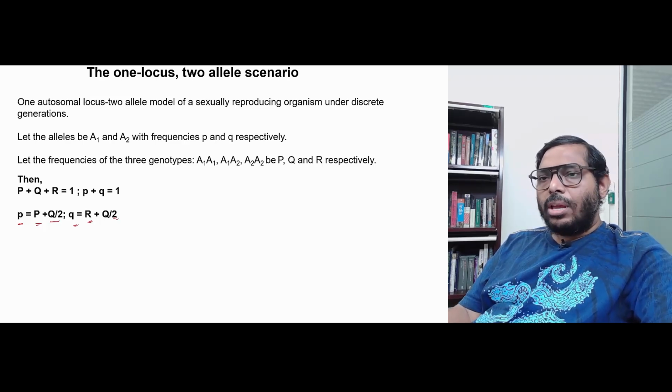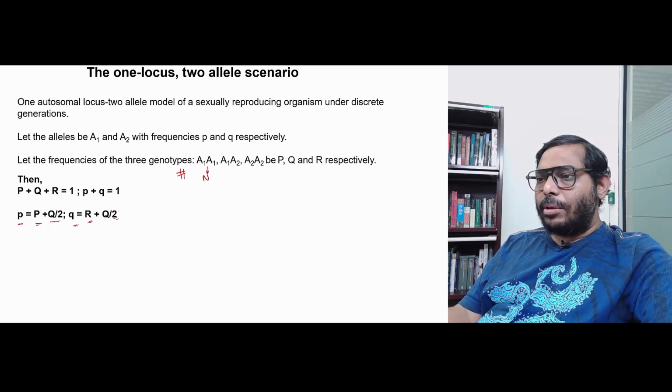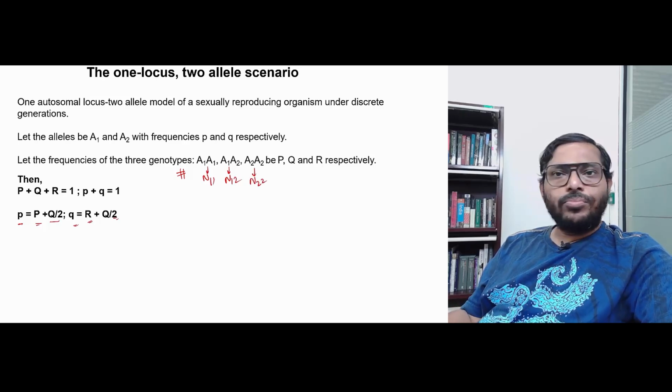and that hopefully will make things very clear. So, let us assume that the number of individuals of the A1A1 type in the population is N11, the number of individuals of the A1A2 type is N12 and the number of individuals of the A2A2 type is N22, right.